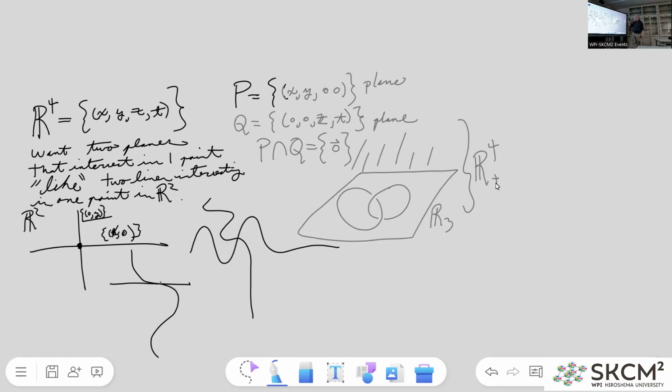But since I described these two planes this way, I need to reconfigure the way I'm going to describe this. So rather than go further with this, I will leave it for you to think about, okay?